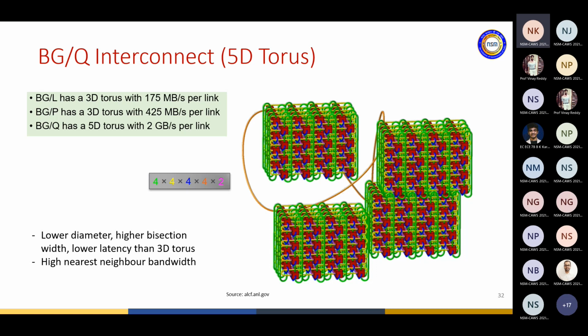So with this system, they decided to go with the 5D torus. Why? Because here are a few things that you should know about the interconnect, which are these terms in the first bullet point I have here. So basically 5D torus has a lower diameter, higher bisection width, and lower latency.